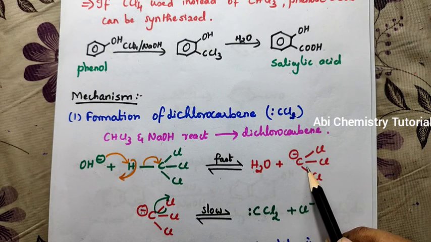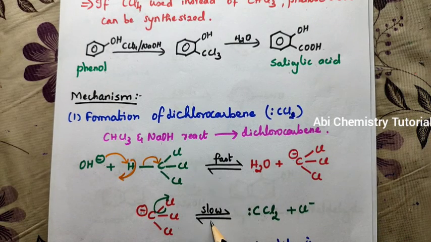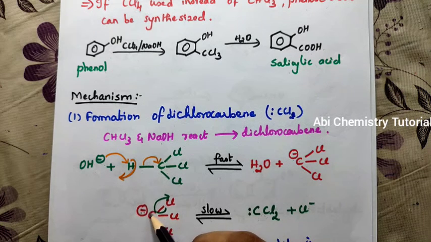And this carbanion then, in a slow step, loses a Cl minus, that is, it will lose this chlorine along with the bond as Cl minus, so that only two bonds are filled with chlorine atoms and two electrons are left to be bonded.